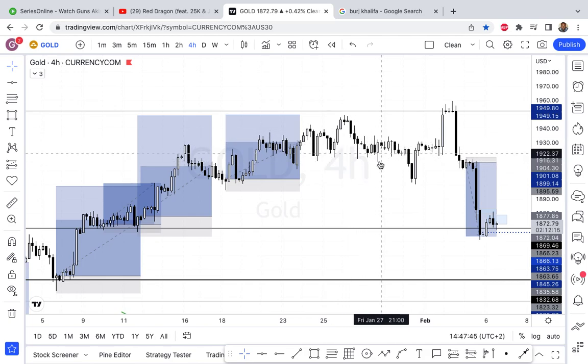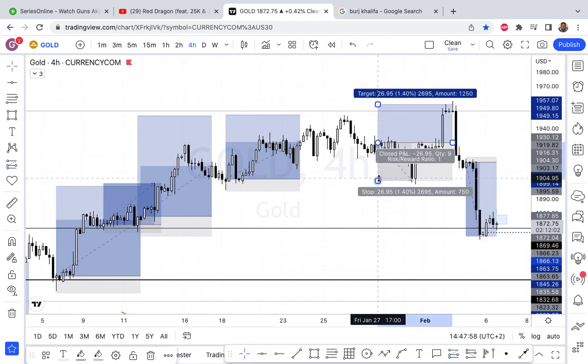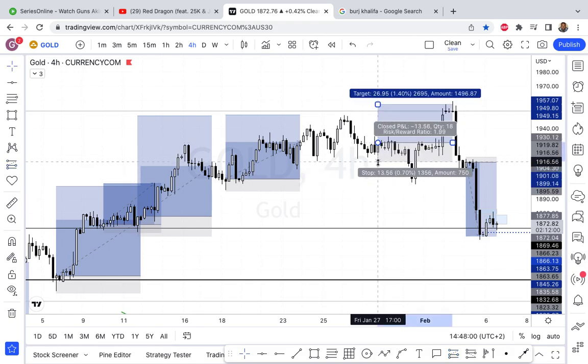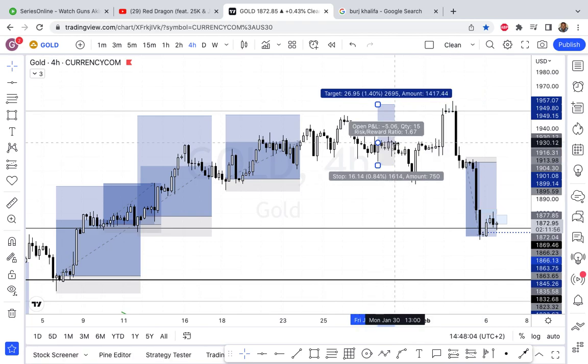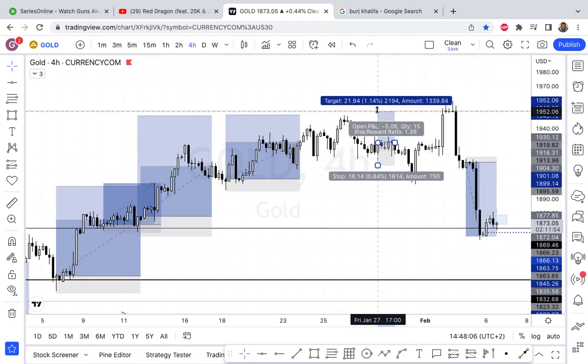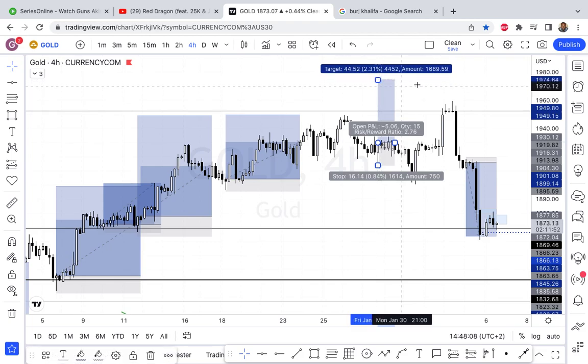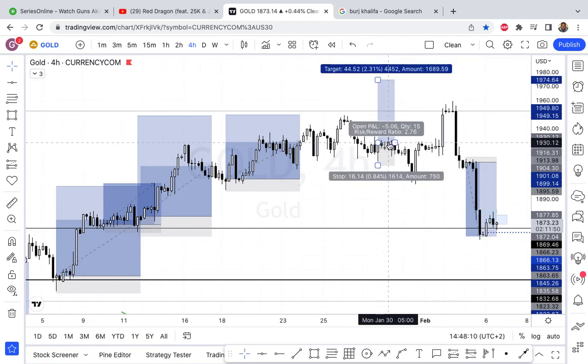Here's another one. Probably would have been stopped out here. This is our first loss over here. This would have been our first loss. And I'm also just getting exhausted at this exercise. Yeah, 1 to 5 would have been too far, so it would have been our first loss.